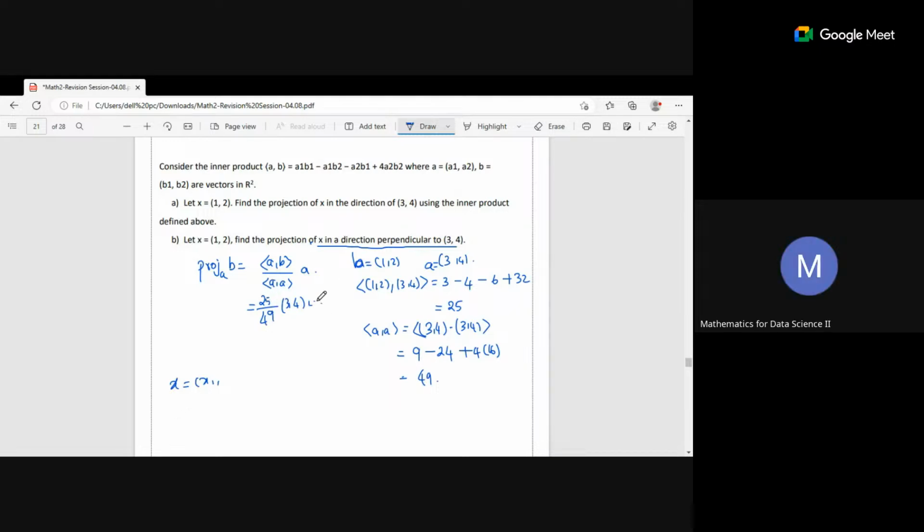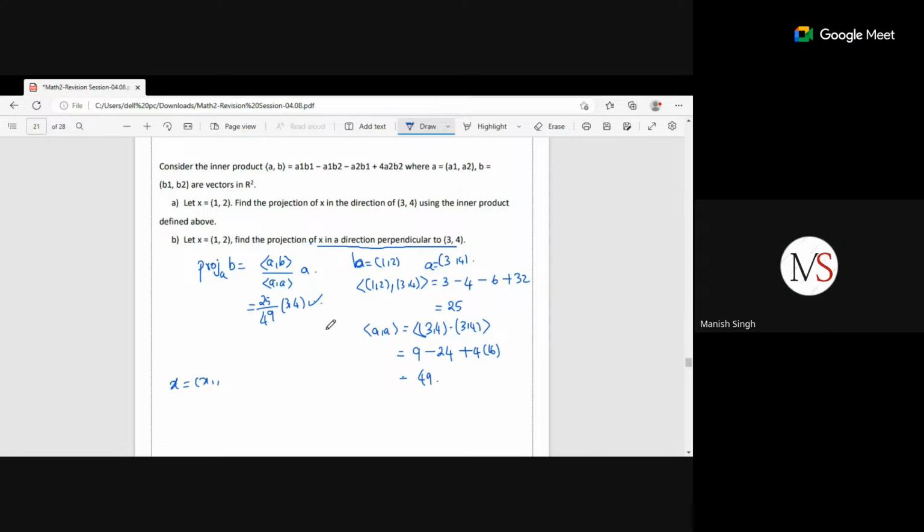No, this answer is correct. For which one are you saying? The answer in the activity question is given as 11 by 25 into 3, 4. I don't think so. This answer is correct. I think that's for the next question, the perpendicular question. Yeah. Okay, this answer is correct.